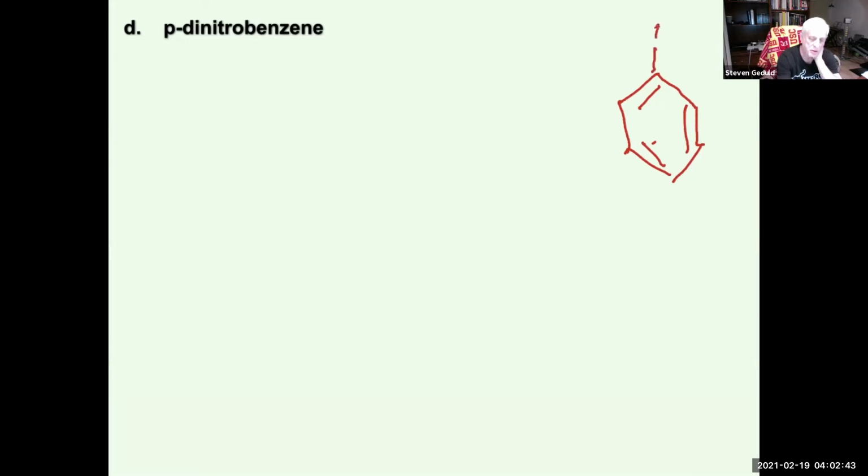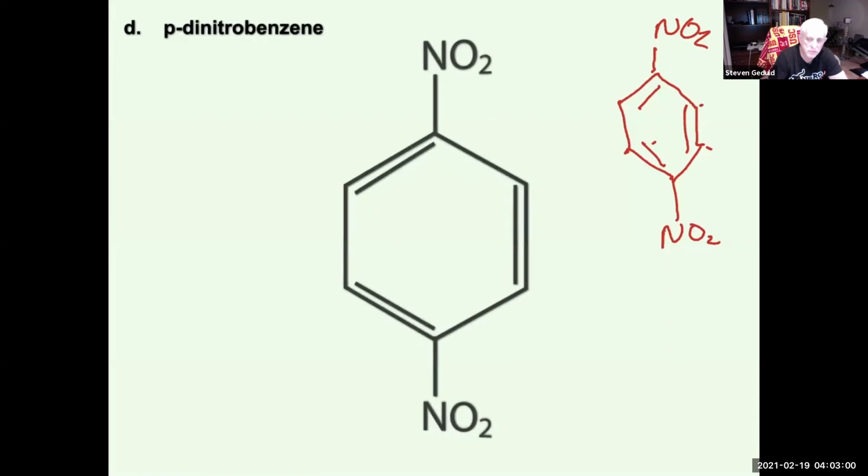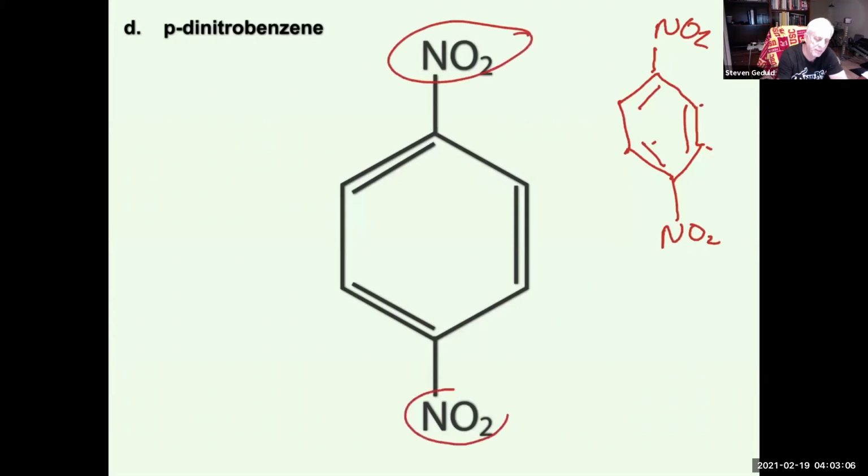So there's nitro, and then this would be ortho, this would be meta, and this is para, the 1,4 position. Para-dinitrobenzene. You have your benzene ring, and then 2 nitro groups at the para position, which is 1,4.